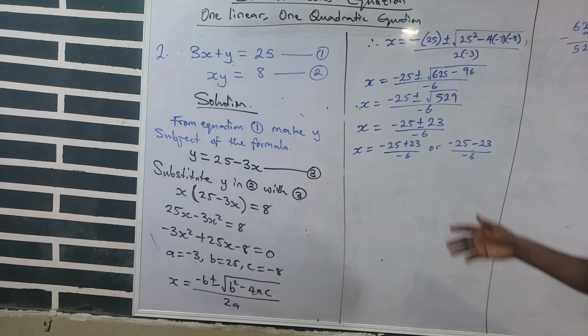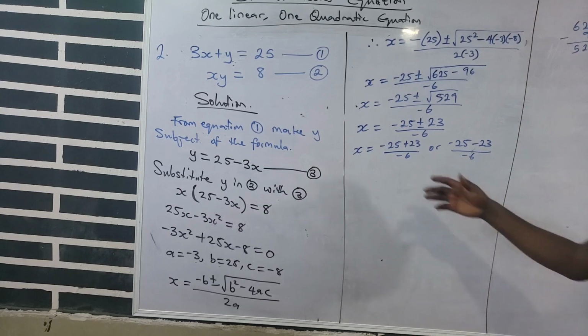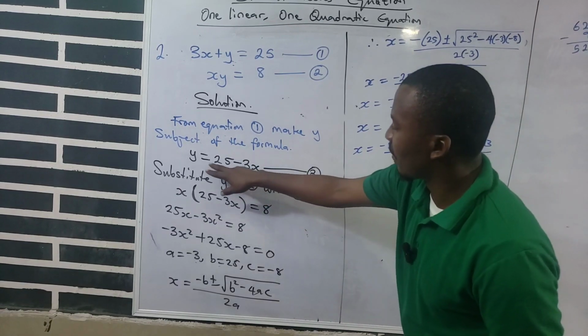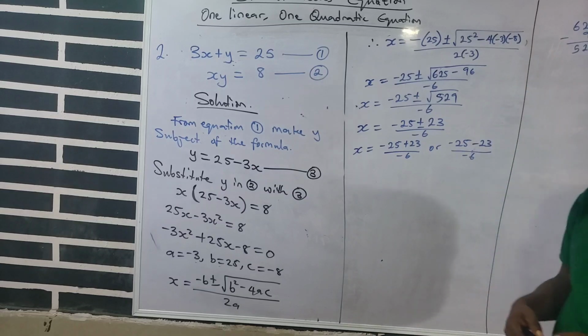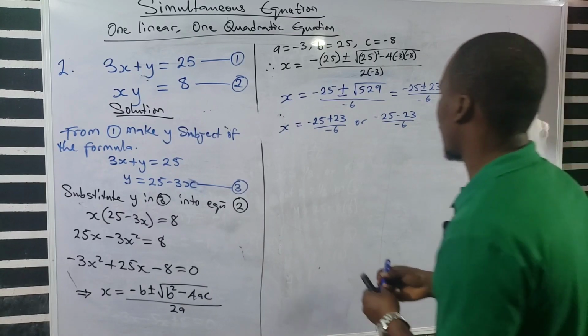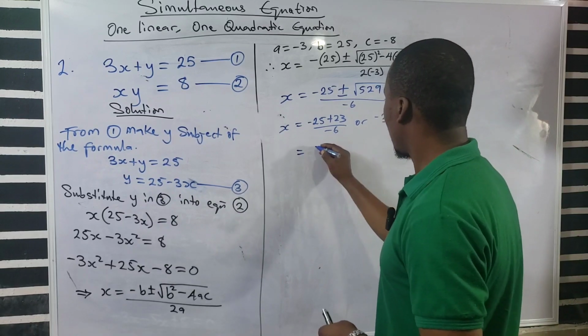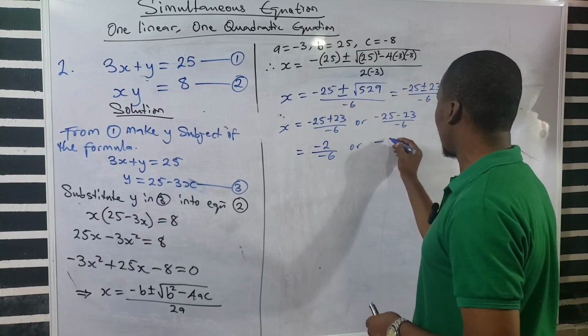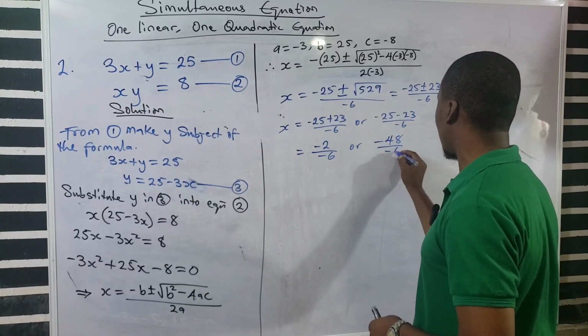So with that now, you solve for your x and get the two values of x and use them to get the corresponding values of y, okay? So this will give you minus 2 over minus 6, or this will give you minus 48 over minus 6.